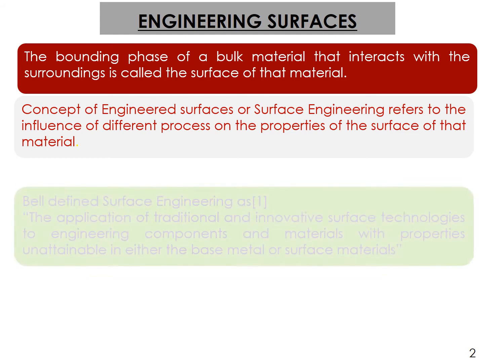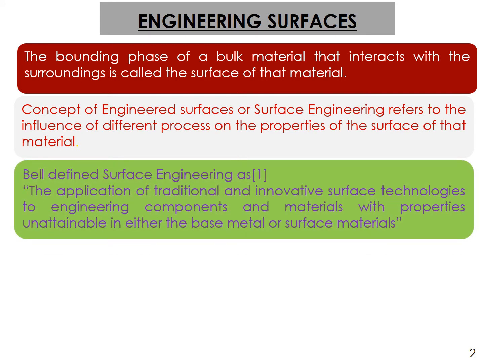As per some renowned researchers, they have given their own definitions. As per Bell, surface engineering is the application of traditional and innovative surface technologies to engineering components and materials with properties unattainable in either the base metal or surface material.